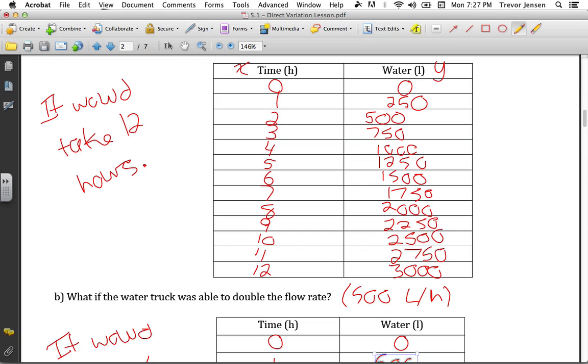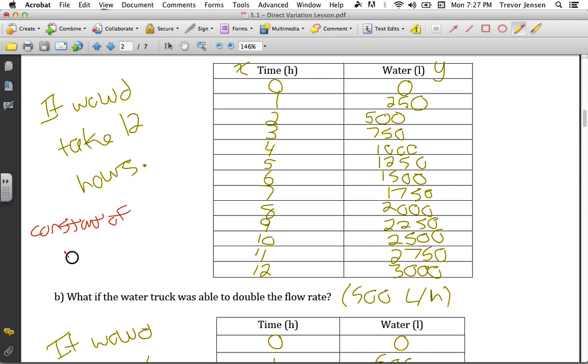The definition of a direct variation is that one variable is a constant multiple of the other variable. And if you look at this, y is a constant multiple of x. To get the value of y, all we have to do is multiply x by our constant of variation. And if you remember, we calculated our constant of variation was 250.